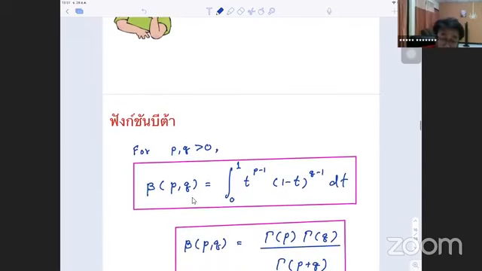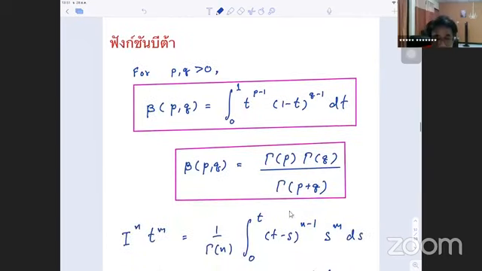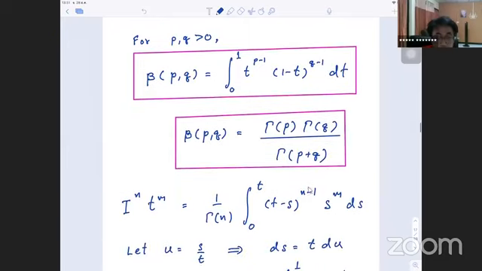This is a special function, and the beta function can be written in terms of gamma function by this. So if we want to formulate the n time integration of t power m, we put t power m here and use the above formula.